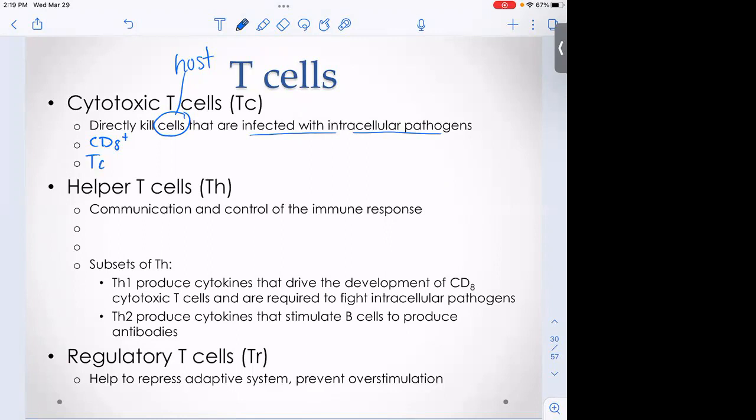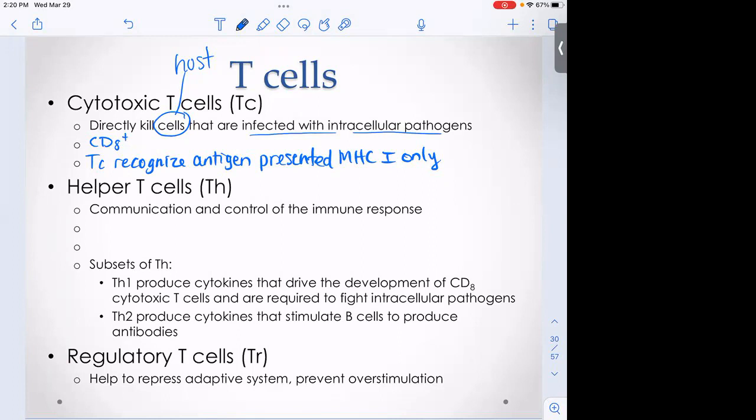So cytotoxic T cells, I might have mentioned this before, recognize antigen presented by MHC class 1 only. That's the MHC class 1 advertising the intracellular pathogens.